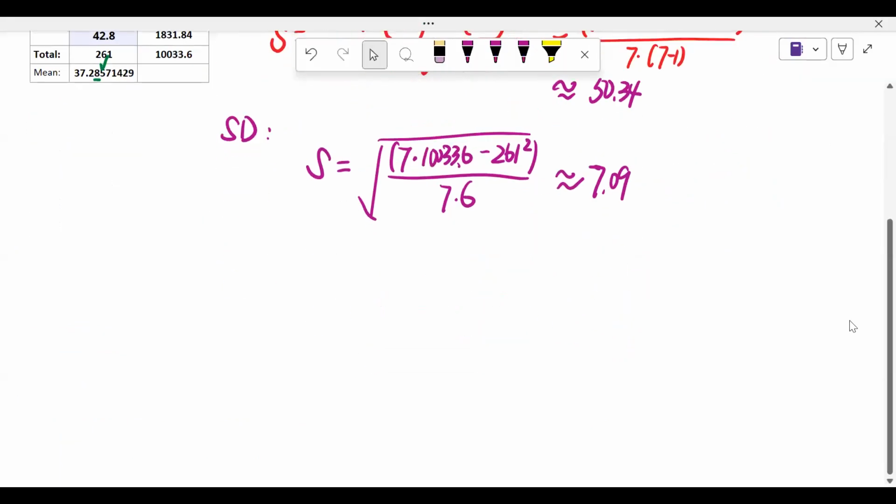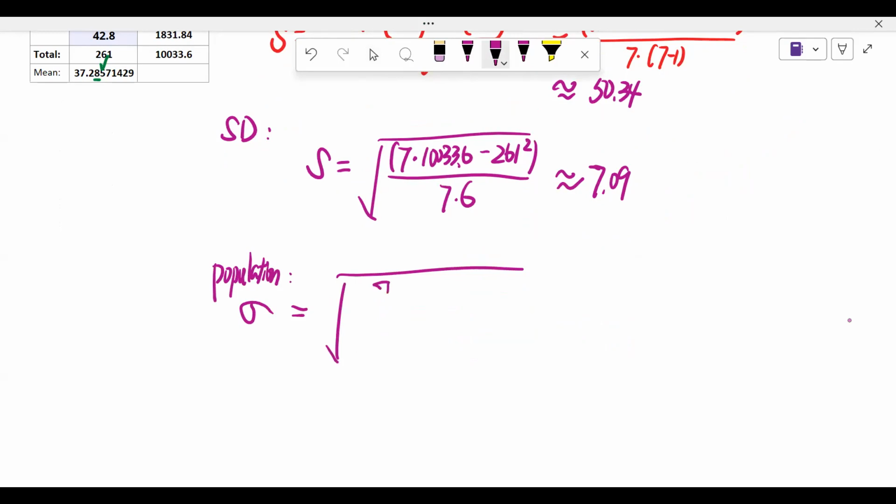Okay, so now population standard deviation is called sigma, right? For the population. You can look this up in a formula sheet. It's equal to the square root of the total of the difference between x minus the population mean, squared, divided by my population size.